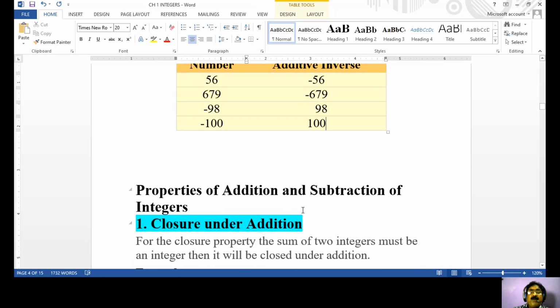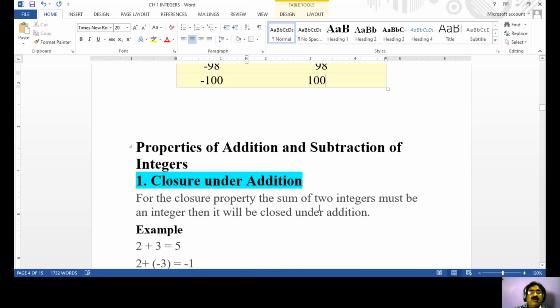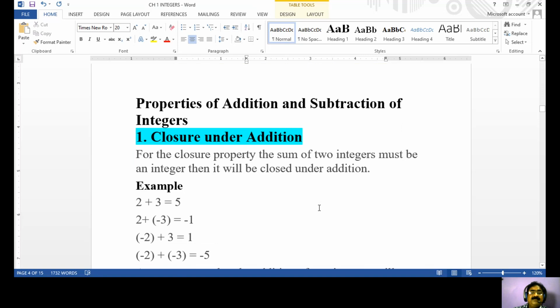Now children, properties of addition and subtraction of integers. The first property is closure under addition. For the closure property, if the sum of two integers is an integer, then it is closed under addition. It means if we add two integers, the sum will always be an integer.